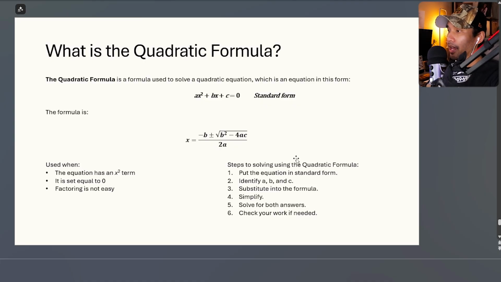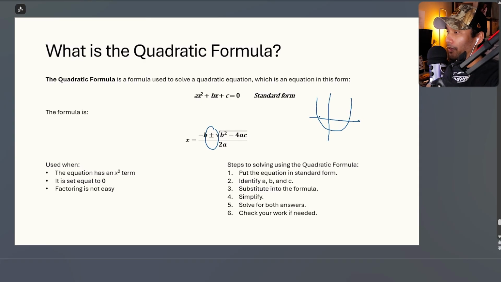Okay, just a little side note. Why do we have two answers? We have this plus and minus, and that is where the line touches or crosses the x-axis, and it will cross twice with a parabola. It would be like this.